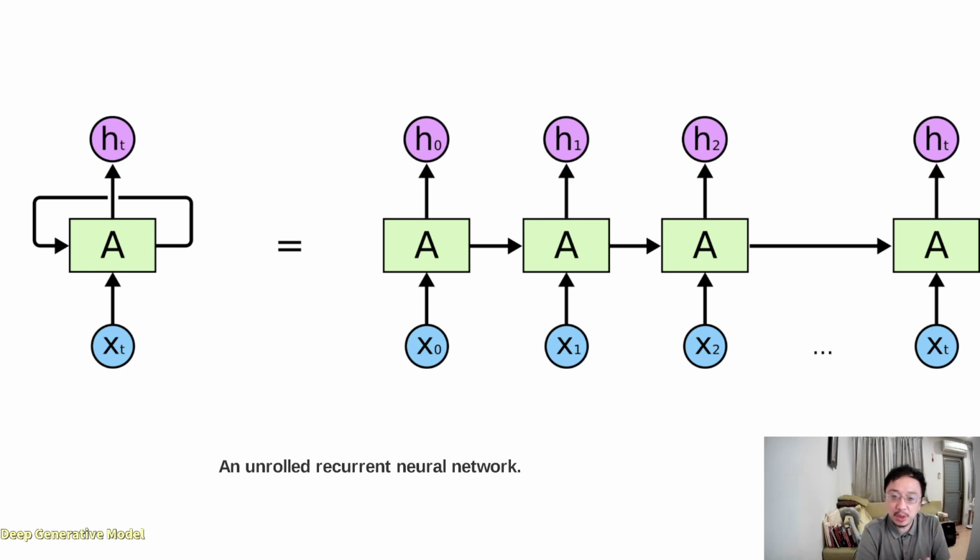RNN can be considered a neural network with memory, with side effects. That's a second view that you can use to make a distinction between RNN and a neural network that is not recurrent.